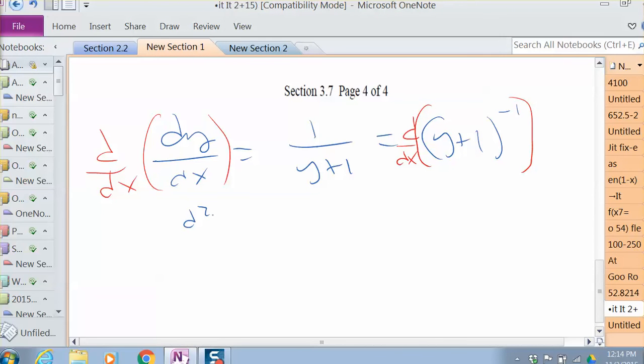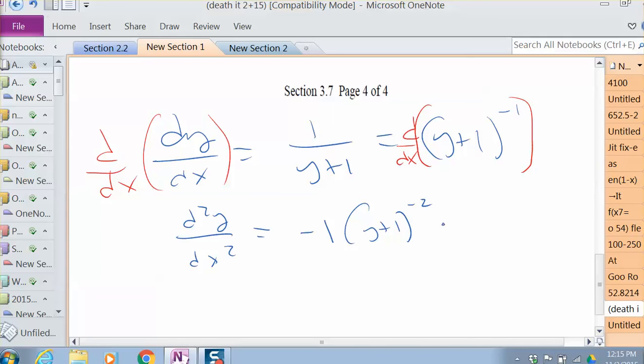I have d2y over dx squared equals, now we're going to have to use the power rule, sorry, the chain rule, negative 1 to the front, y plus 1 raised to the negative 2 power, times the derivative of the inside. And our inside was y plus 1.